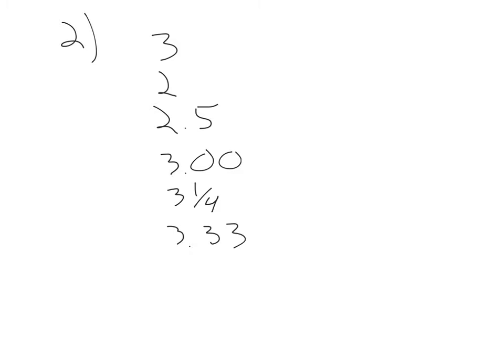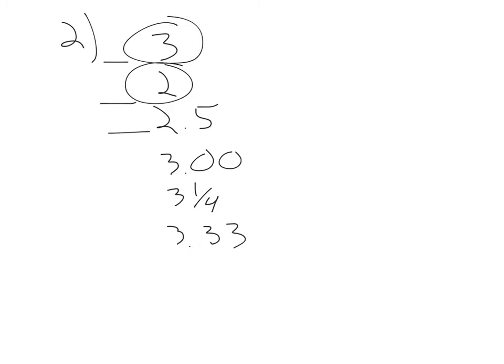So let's notice first off the first 2 numbers. They only talk about the 1's place. So both of the first 2 answers are making a statement that they know the 1's place. But they're also making a statement about the 10's place.